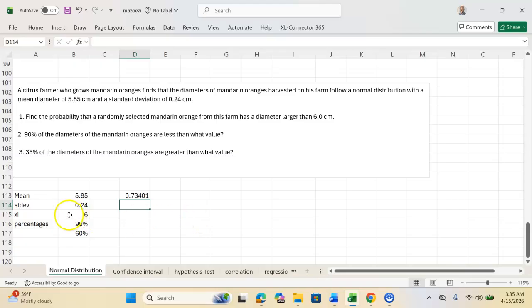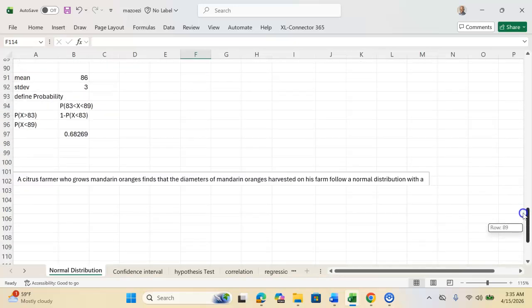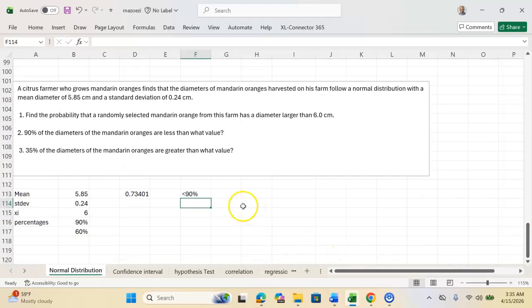And for the 90, here it says less than 90%, and then we have greater than 35%.